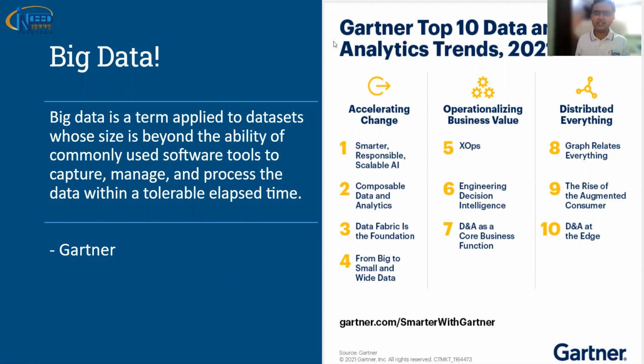Then operationalizing business value: we have extensive operational performance services, engineering decision intelligence, and DNA as a core business function. And the third one, distributed everything, where we have graph relates everything, the rise of augmented consumers, and DNA again, data and analytics at the edge. So these are the top trends in 2021. I recommend you go to the link and read about it more.